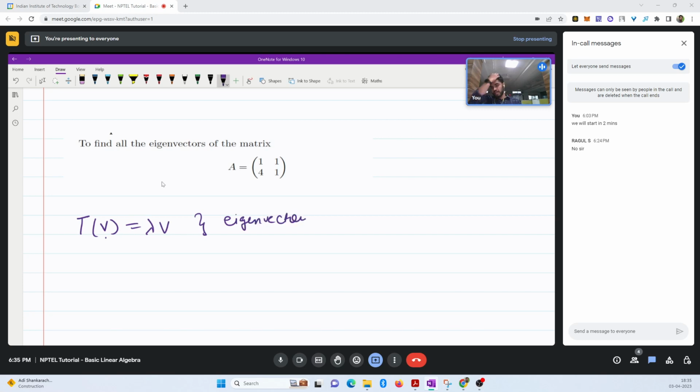So finding an eigenvector is a two-step process. In order to find the eigenvector, the first step is to find the eigenvalue, and the second step is to find the eigenvector corresponding to that eigenvalue.